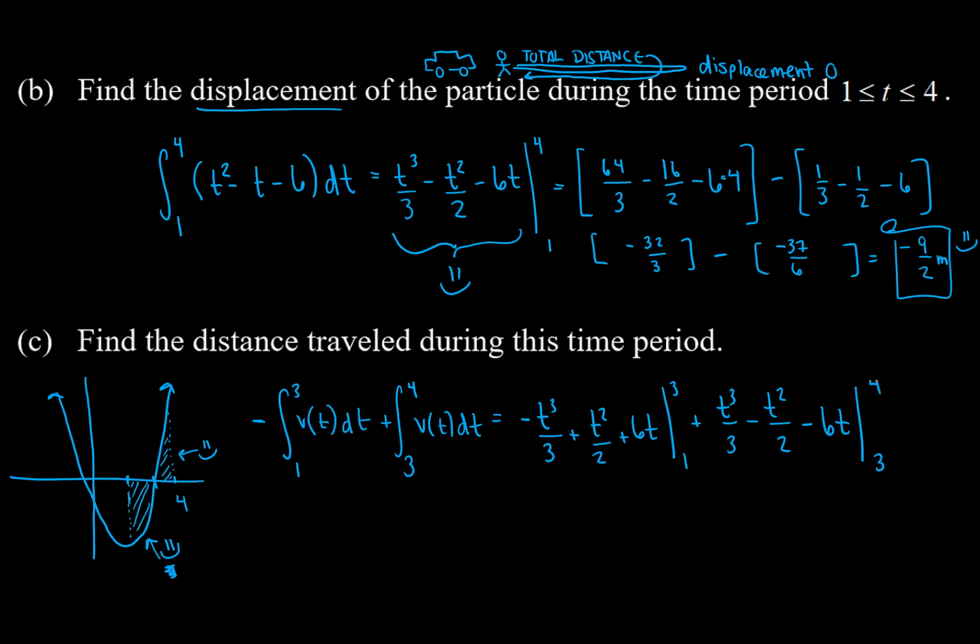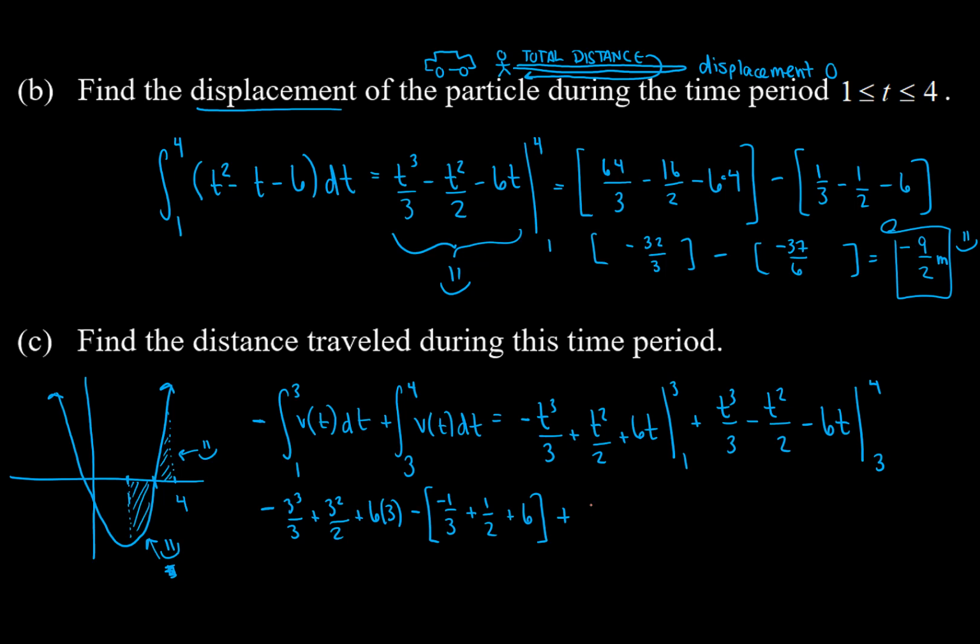All right, so what we need to do is plug all those in. For this one here, we're going to plug in the 3 first, and then we're going to plug in the 1. Don't forget to subtract them. 1/2 plus 6, and then here's the plus, and then we're going to do it for 4.